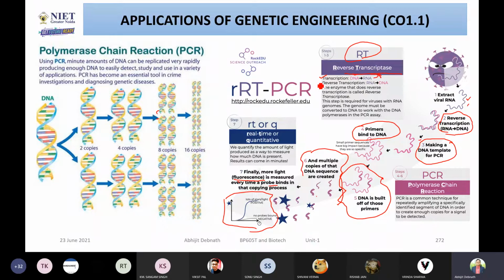In reverse transcription, RNA to DNA is formed. Look here, in this case there is a reverse transcription, RNA to DNA. The process where RNA to DNA is formed is called reverse transcription. So the enzyme responsible for making DNA from RNA.